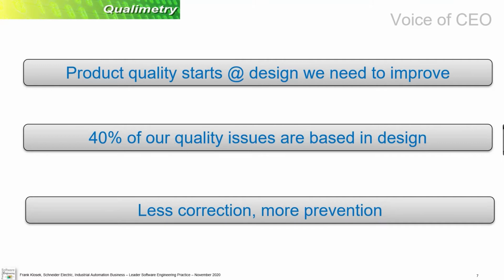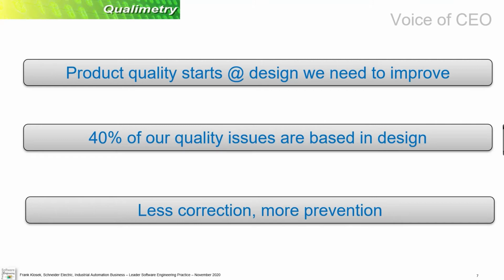Well, let's start with a voice from our CEO, who for sure pushes quality messages down to the teams. Talking about product quality starts at design, and we need to improve. 40% of our quality issues are based in design, and we should do less correction but more prevention.